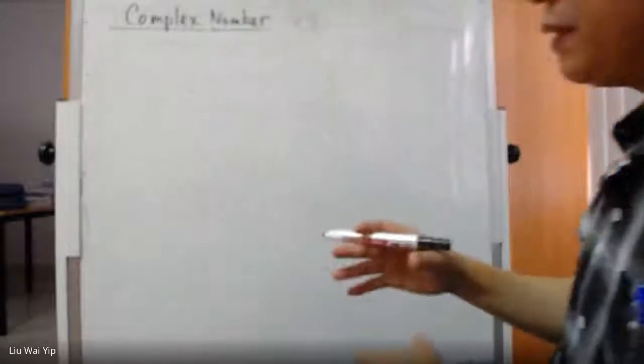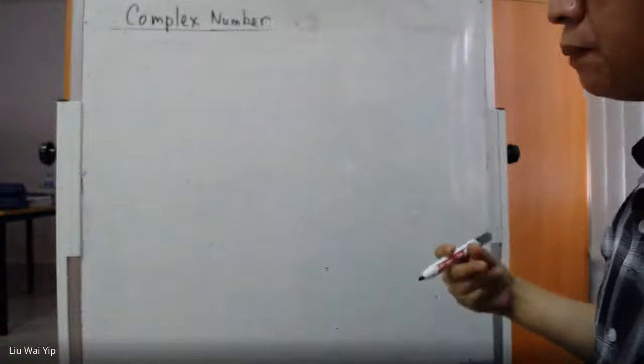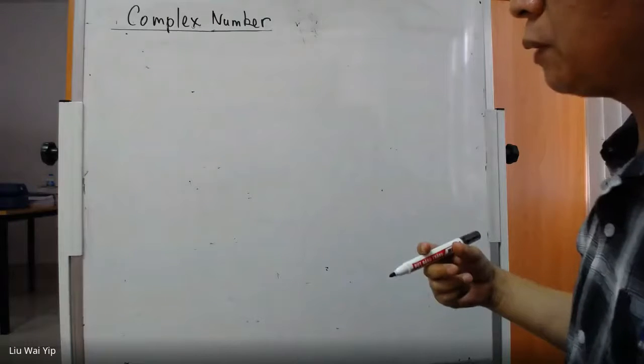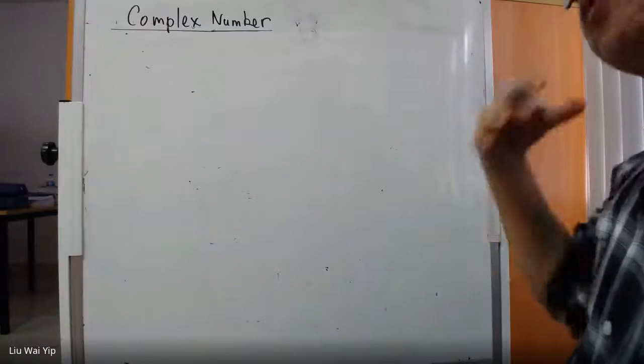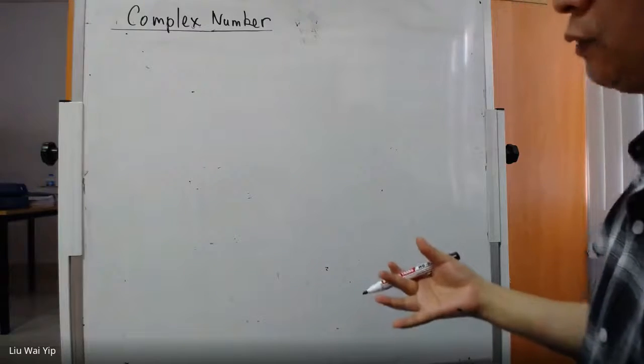Complex numbers can be expressed in various forms. One of the simplest forms is the rectangular coordinates form.